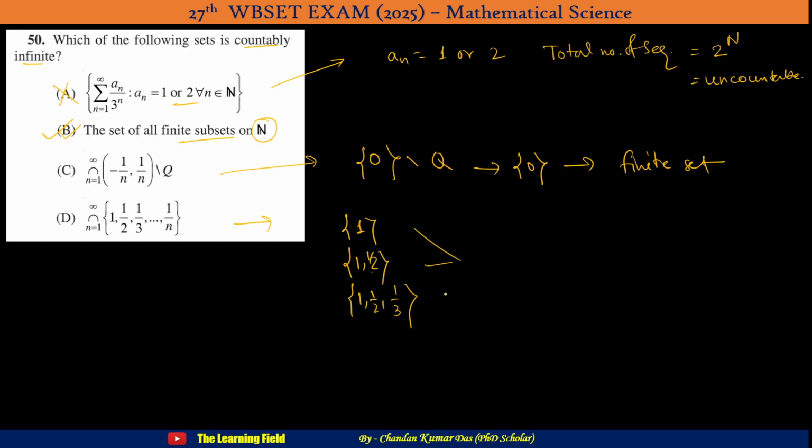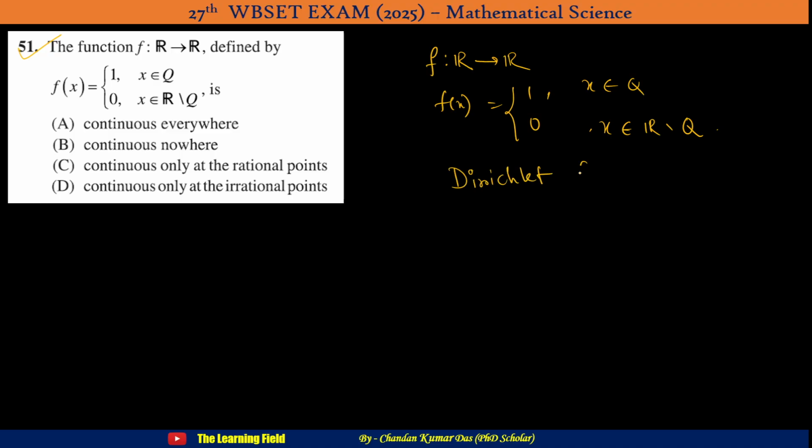And if we take the intersection of all the sets, then each set is exactly equal to 1. So this is also not a countable set. So you can discard this option also, or directly option B is the correct answer from the properties of this. These statements are actually very famous statements of real analysis. If you did real analysis, then you should definitely read this statement.